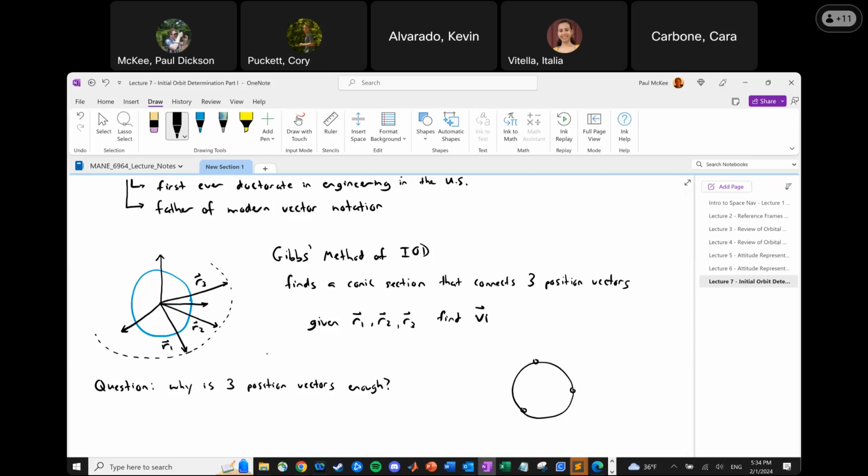Ah, that's almost exactly correct. So you would in general need 5. You need 5 to find it. But you're absolutely right. The fact that we know that we're orbiting the center of the Earth actually gives us, you could think of it as giving you 2 other points because you get your focus and you get your other focus, right?